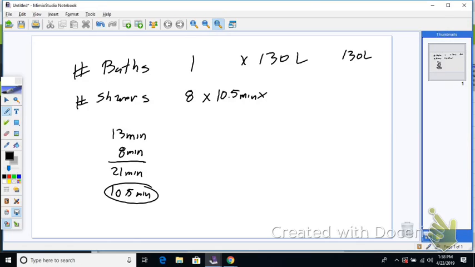But I'm going to use the 9. So then I multiply that all out and I'll get a total. 8 times 10 and a half is 85 times 9 would give me my liters, because this would be 9 liters per minute. And if you notice, the units cancel out and we end up with liters.